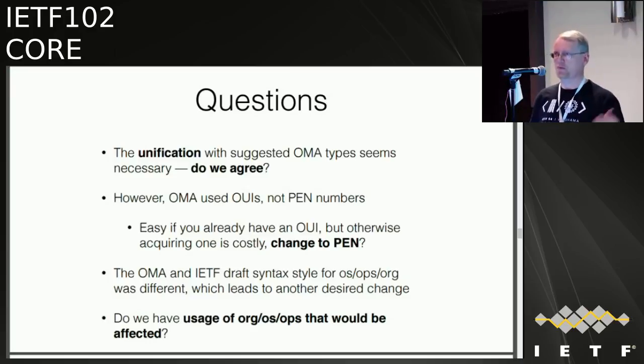A change might be painful for them, or if there's no usage of their current thing yet, then a change might be okay, and then we do the best design and aligned design. But totally free from any complications, I would personally rather use PEN numbers, because I can get them easily without any cost, whereas OUIs actually cost real money, if I've understood the IEEE process correctly.